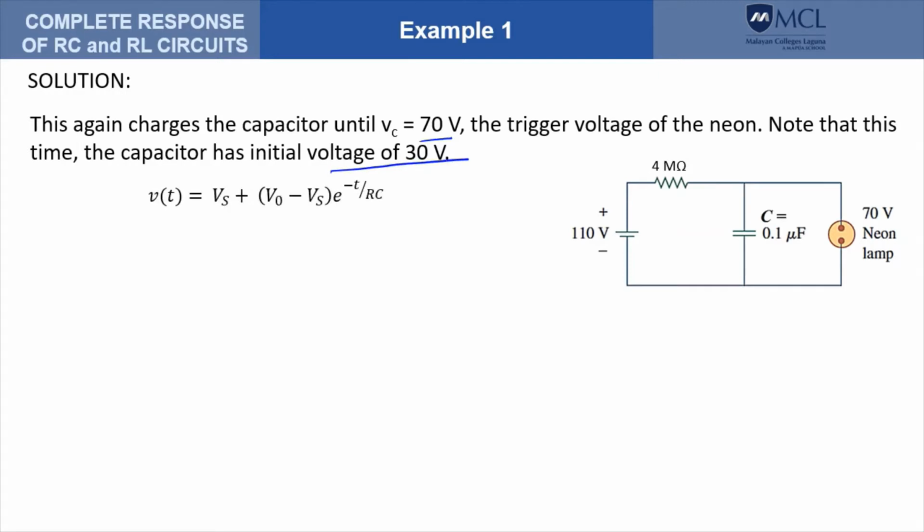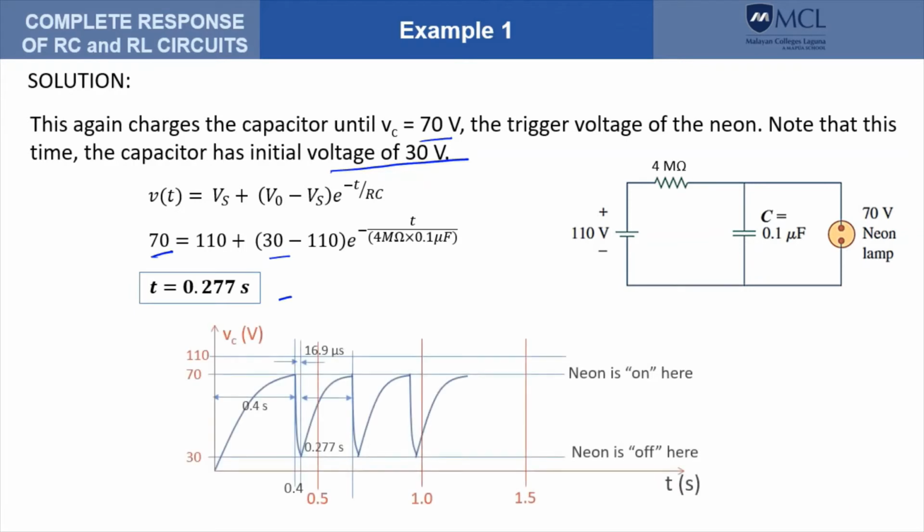We can use the formula for series RC by letting the voltage equal 70, but this time we have an initial voltage of 30, and that should give us a time of 0.277 seconds. So this is the time required for the capacitor to reach 70 volts at an initial voltage of 30 volts.